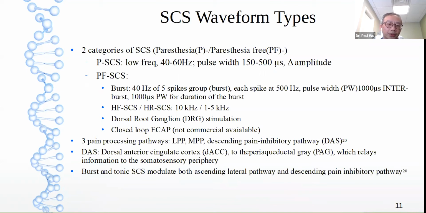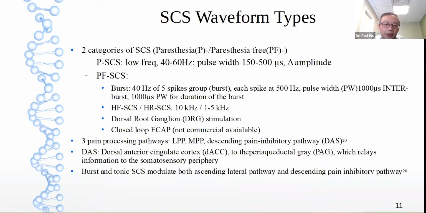In terms of paresthesia-free spinal cord stimulation systems, there are a couple of types, but most importantly, burst, which is what we're going to focus on. It is basically 40 hertz of groups of 5 spikes, which you term a burst. Within each burst, the spikes run at 500 hertz with a pulse width of 1,000 microseconds.